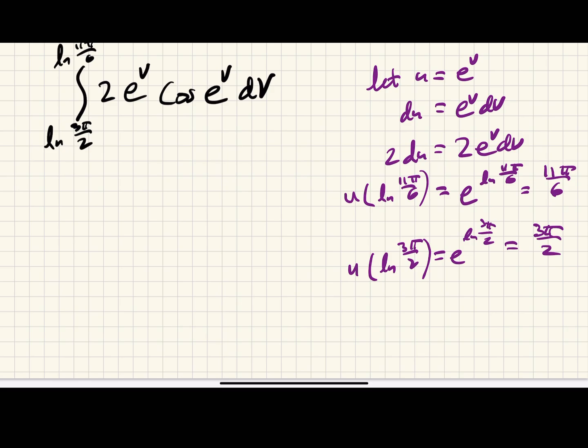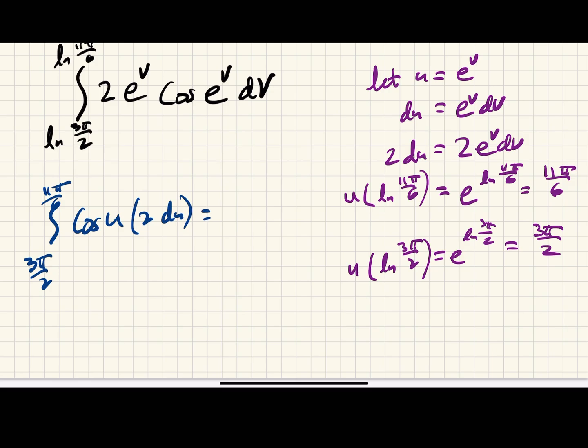Okay, so let's see. Now, we're going to make all these substitutions. So now I'm just going from 3 pi over 2 up to 11 pi over 6. Now, 2 e to the v dv is 2 du, right? And then u is e to the v, so I just have cosine u here.